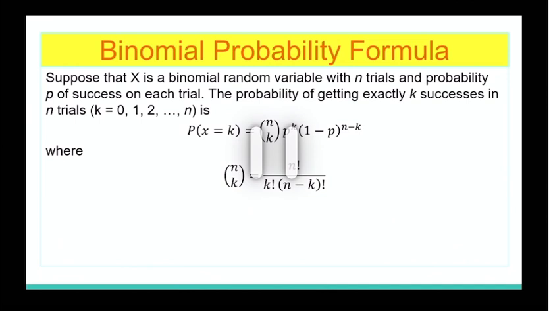For instance, if a doctor conducts a test on a patient, there are two possible outcomes: the patient has the disease or not. If you flip a coin once, you have either a head or a tail. There are two possible outcomes and a single trial. Last week, we derived the mean and the variance for the Bernoulli distribution. The mean, the expected value of X, equals p, and the variance equals pq.